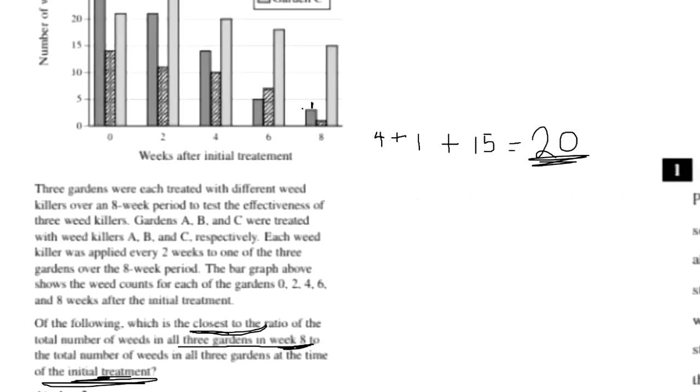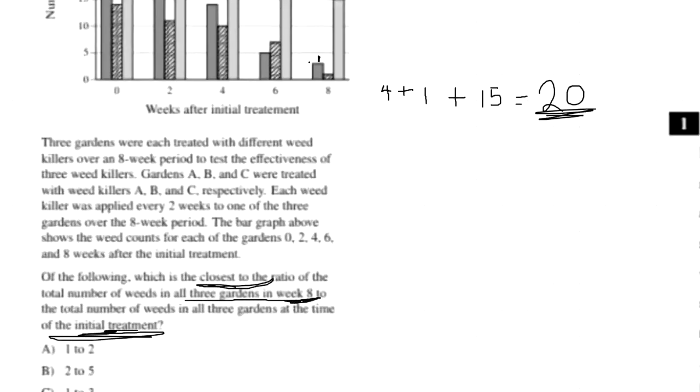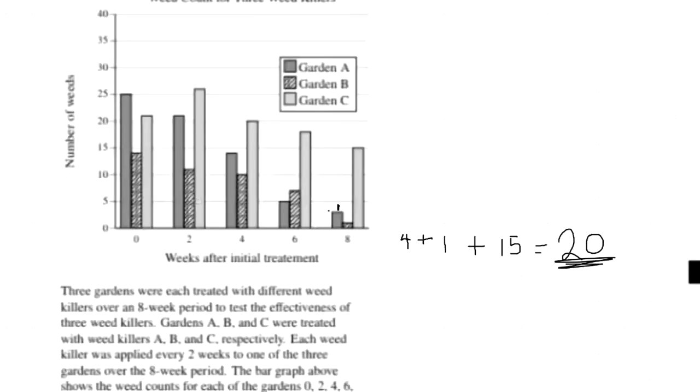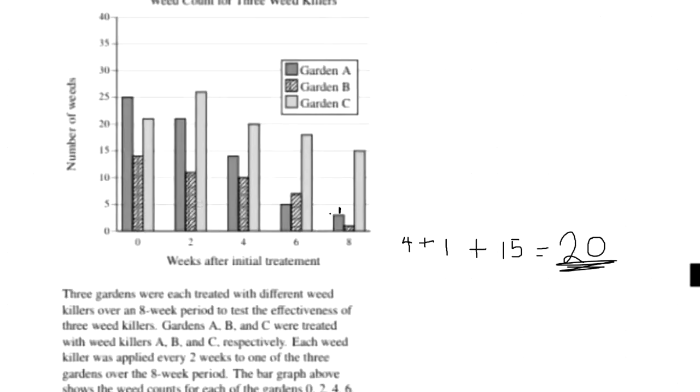Now we look for the denominator. That's the total number of weeds in all three gardens at the time of initial treatment. And so initial treatment is 0 here. So 25 for garden A. For garden B here, it's very close to 15, so 14.